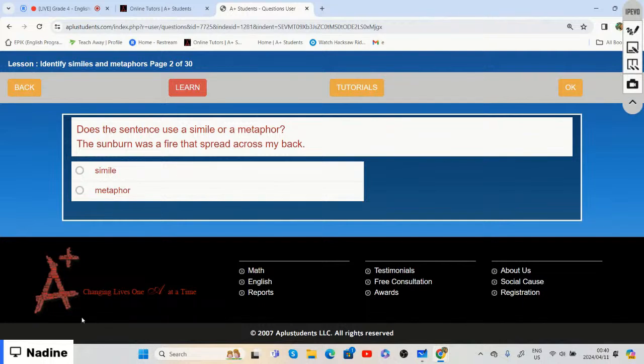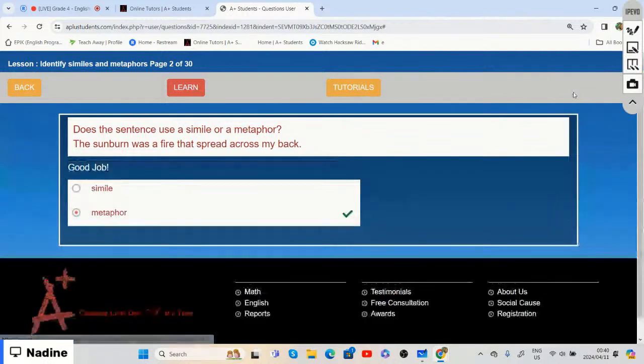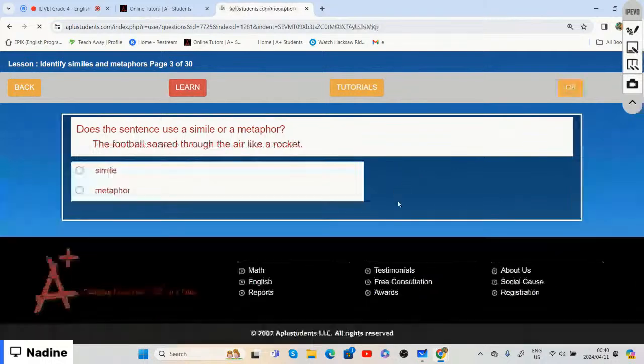We can say that is the second option. Well done. Metaphor is correct.